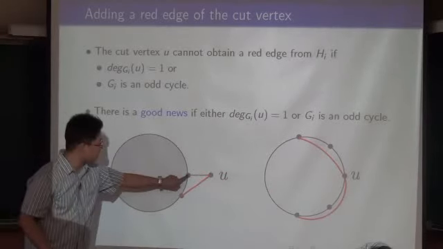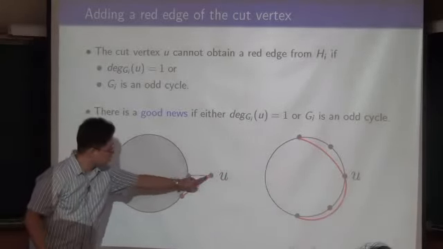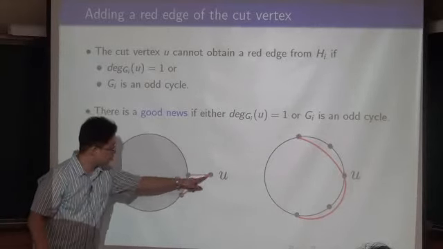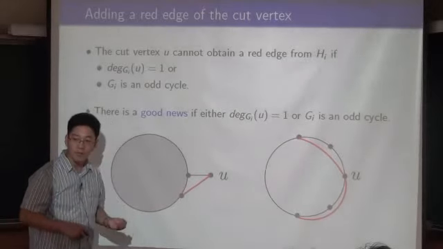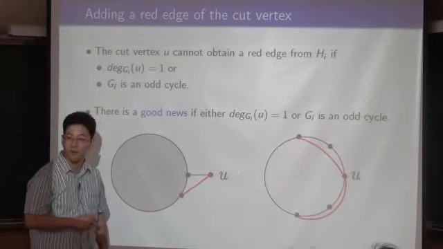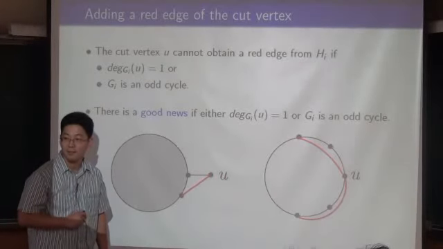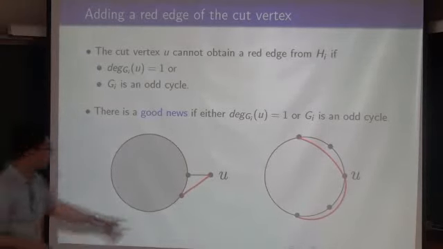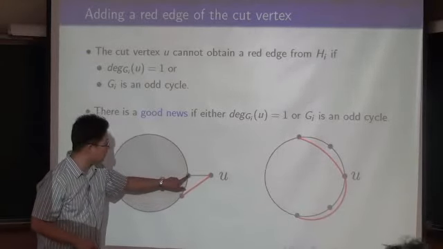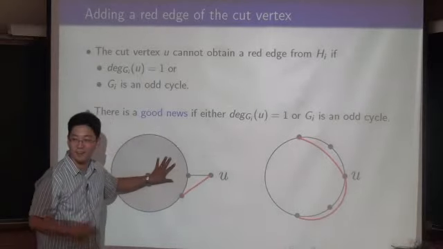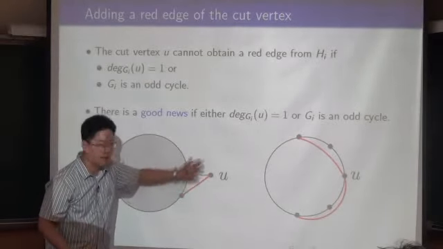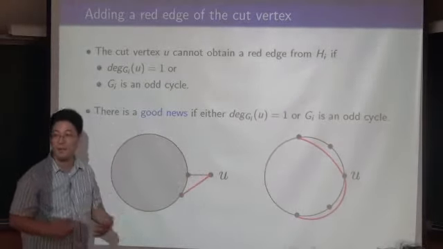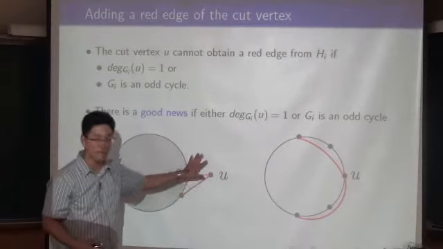That red edge might use some other red edge as well. If this red edge is inside, then there is no red edge outside, which is better because we may have more space.